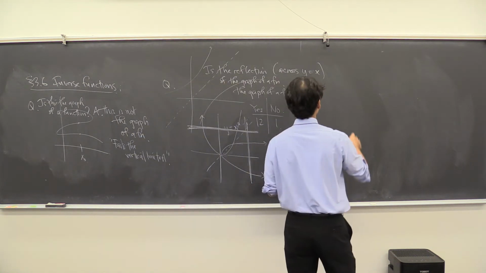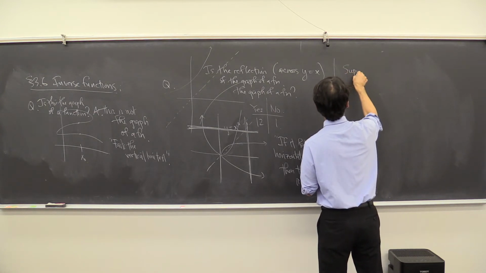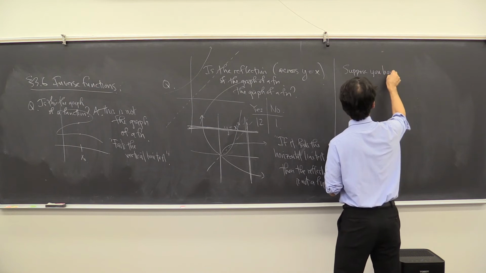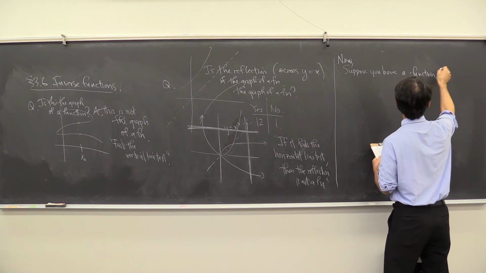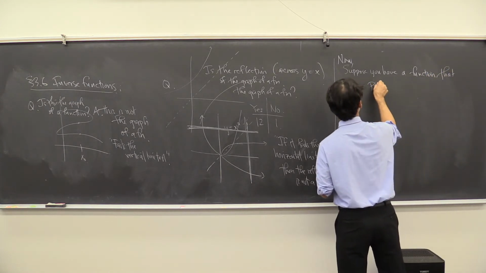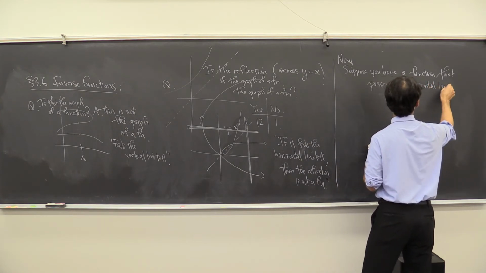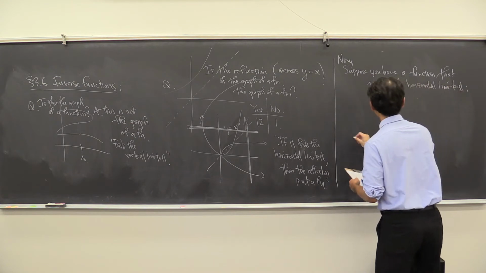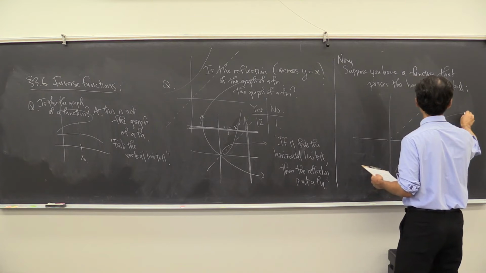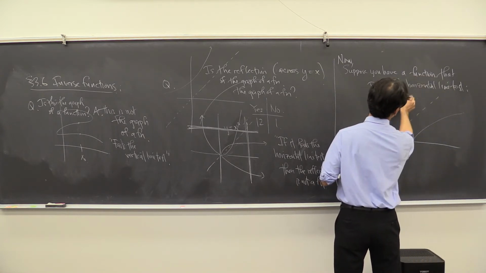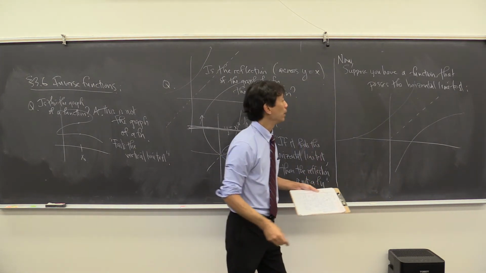Now suppose you have a function that passes the horizontal line test. Here we're just going to stick with my example. You got something like this, and then you reflect it, and you get something like this.